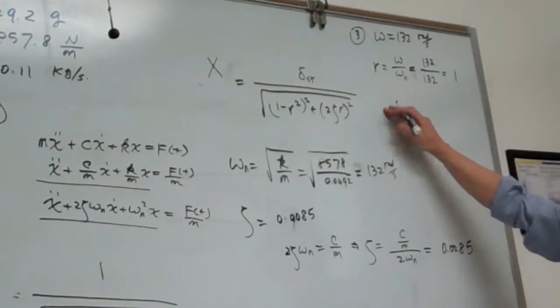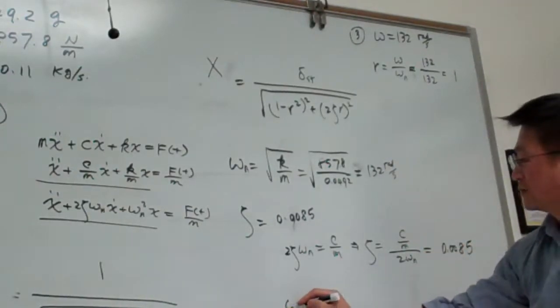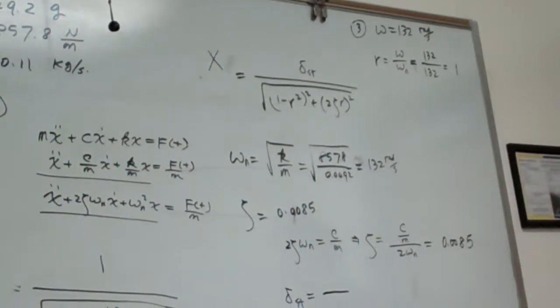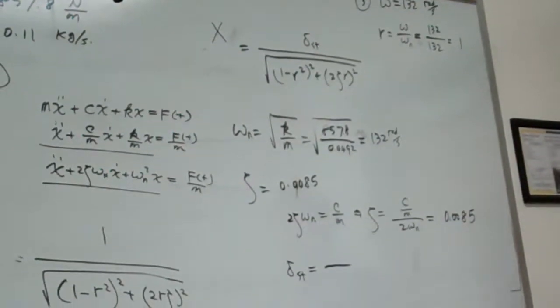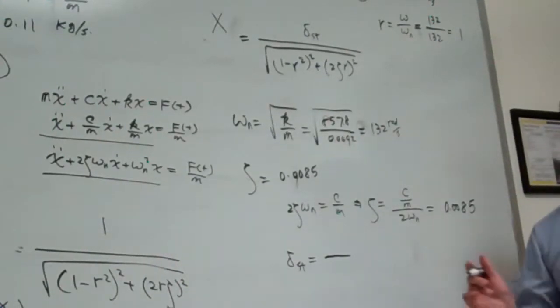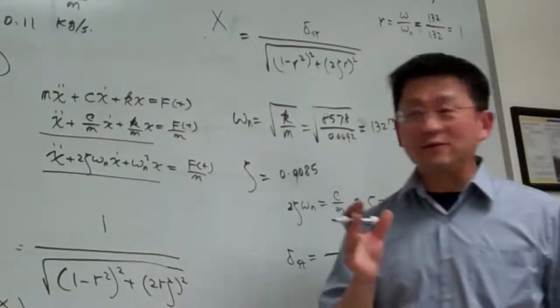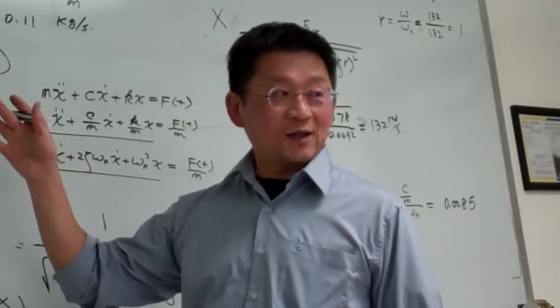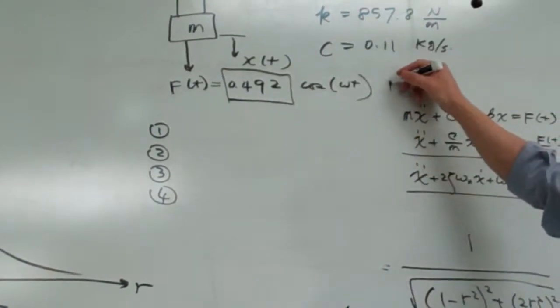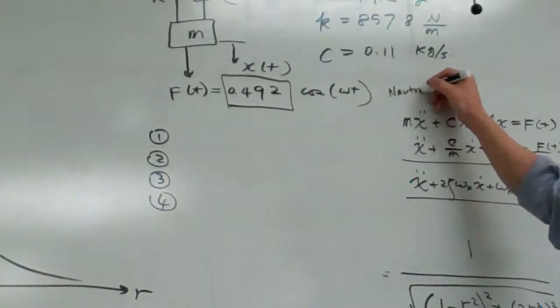Another thing, I forgot: what is delta st? Delta st is our static deflection. How do we define the static deflection? Do you remember? Force. What kind of force? The applied force. So that is this one, right? And I think here I need to give the unit, Newtons.